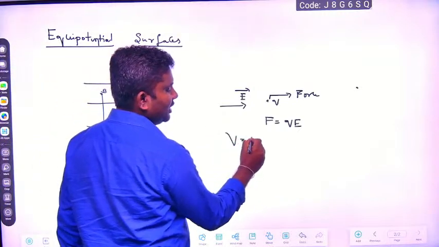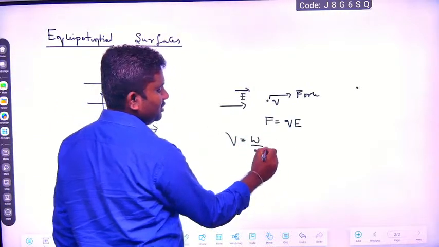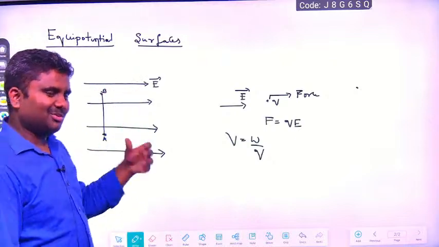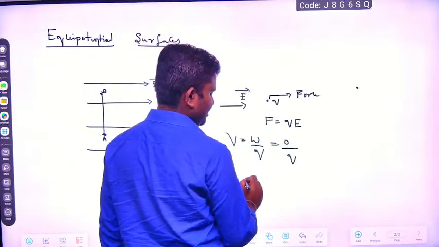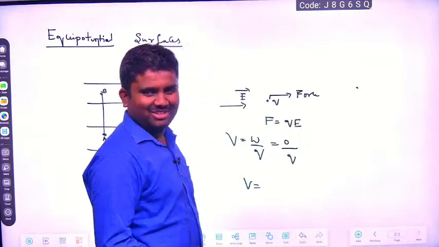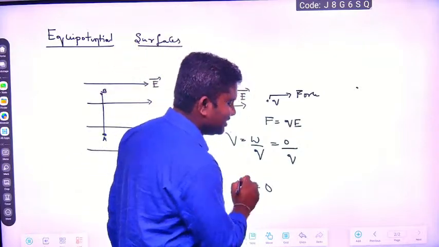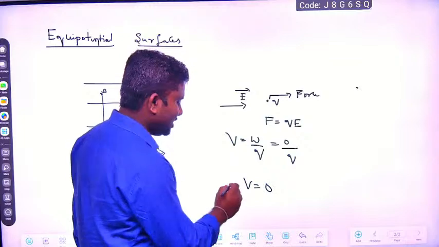So what is potential? It is work done per unit charge. When the work done is 0, what is the potential? In the sense, the potential difference is 0, not the potential.